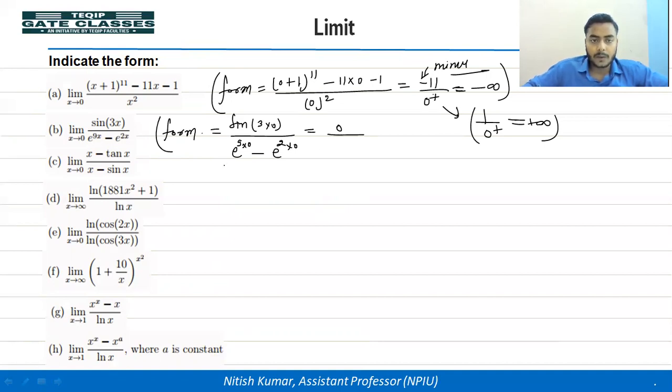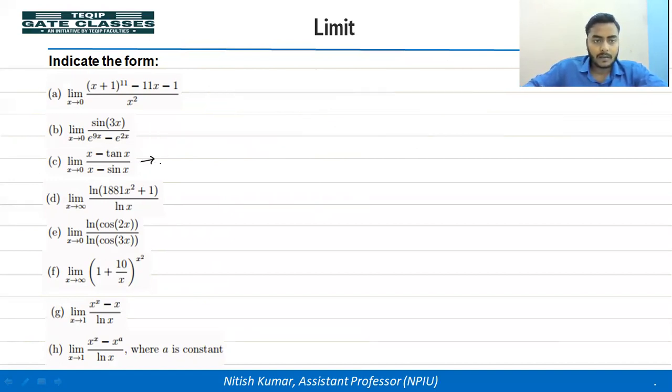Now e to the power 9 into 0 means 1 minus 1. So we are getting the form 0/0, right. So 0/0 form is indeterminate. We cannot determine it without using the special method.